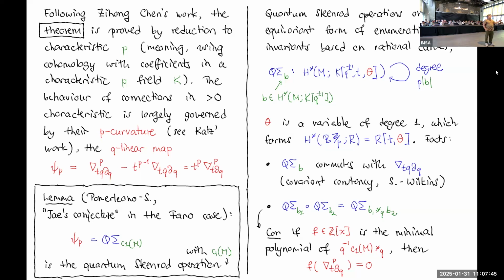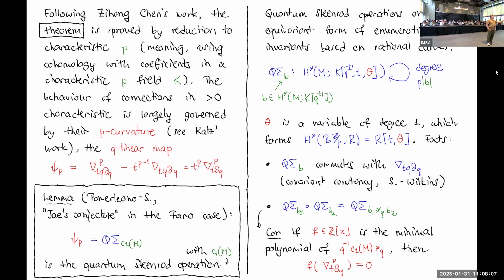We know that these quantum Steenrod operations are always covariantly constant with respect to the quantum connection, which is nice because the P curvature really commutes with the quantum connection by definition. But more importantly, they depend on a variable b, but they are compatible with quantum multiplication.